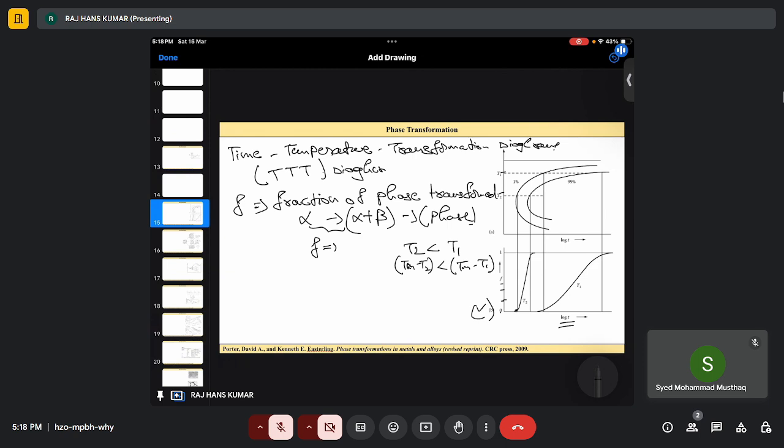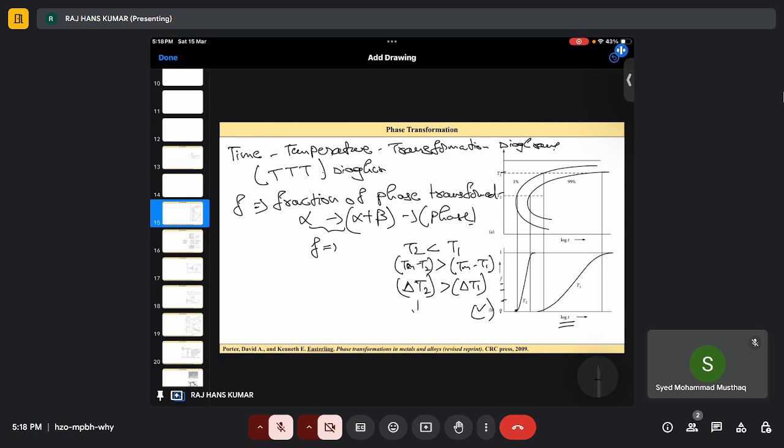T2 is very far from Tm, and T1 is very close to Tm. So the difference will be larger, right? That means undercooling is more here than here. So undercooling is more at T2 temperature than T1 temperature.